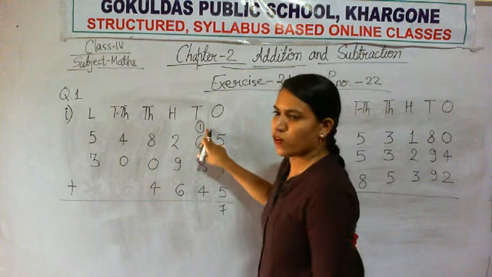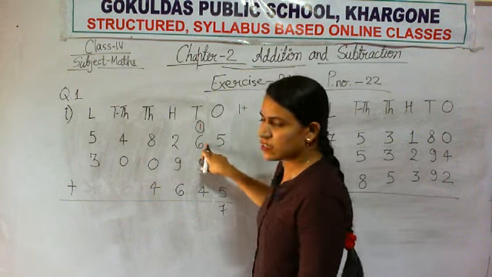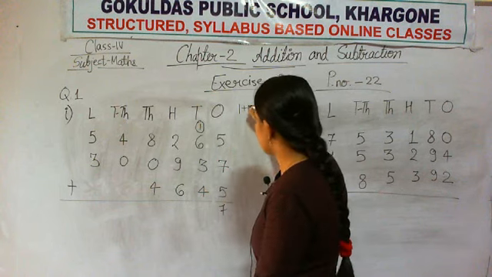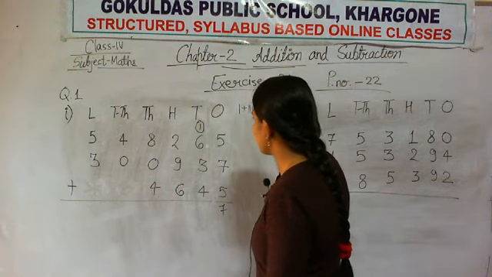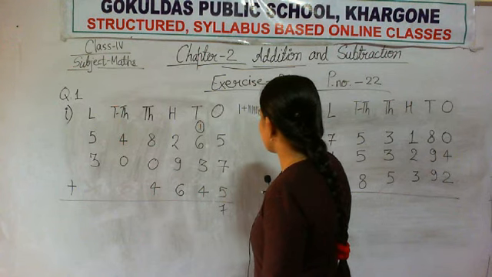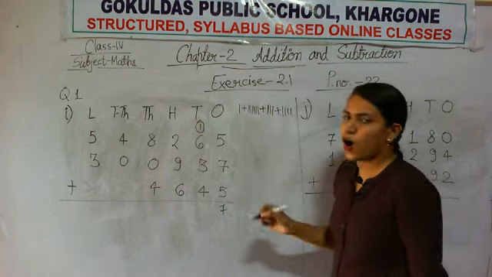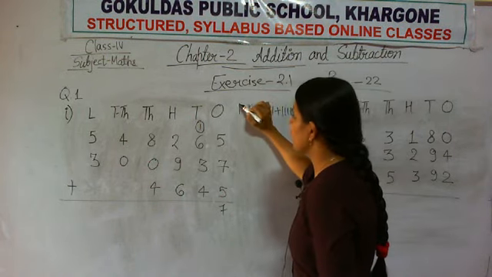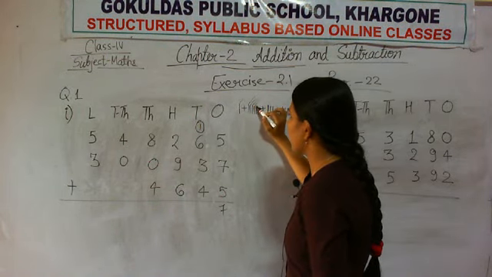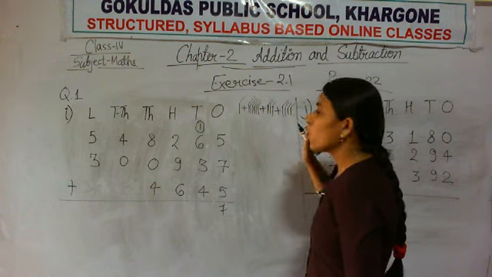Here 1 is there, so draw 1 stick plus. Here 6 is written, so you will draw 6 sticks. 1, 2, 3, 4, 5, 6 plus. 3 is written, so you will draw 3 sticks plus 4. So you will draw 4 sticks. Now start counting. 1, 2, 3, 4, 5, 6, 7, 8, 9, 10, 11, 12, 13, 14.